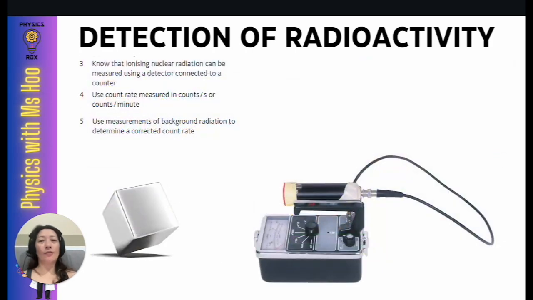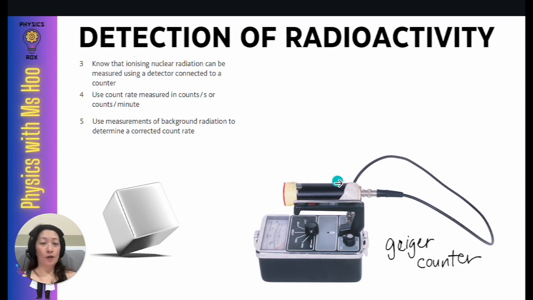You also need to know how to detect radioactivity, which in this case we use a detector known as the Geiger counter. Just going to write that here. So this is the Geiger counter, or sometimes known as the Geiger-Müller tube, or GM tube for short. So this is an example of one type of Geiger counter.